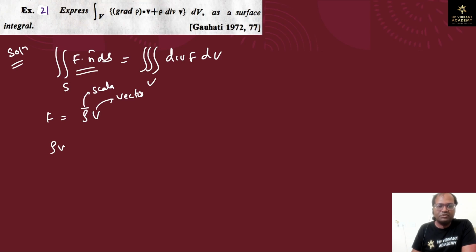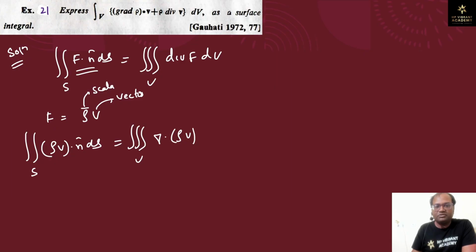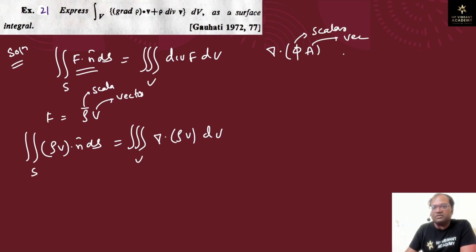So surface integral rho V dot n cap dS is equal to volume integral divergence of rho V dV. We have studied in the chapter of vector identities that divergence of phi A, where phi is a scalar and A is a vector, is equal to del phi dot A plus phi times del dot A.